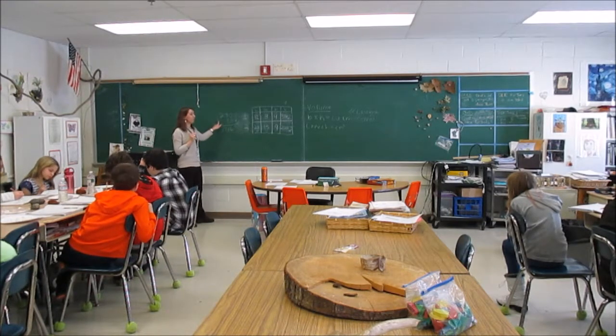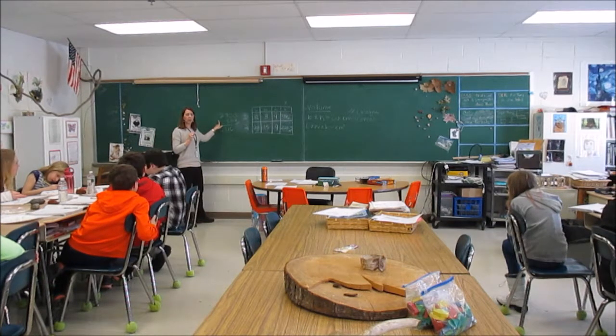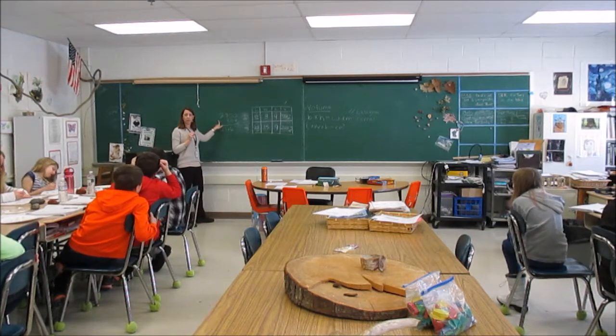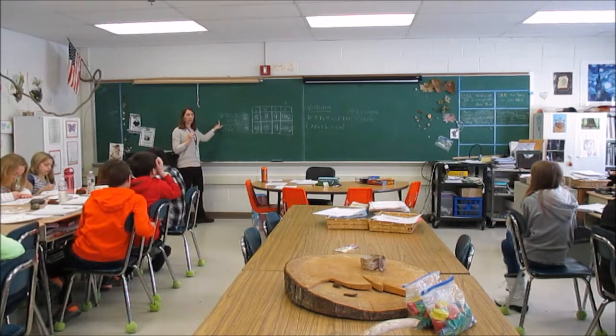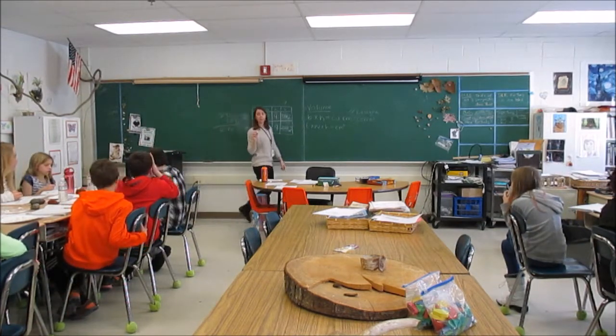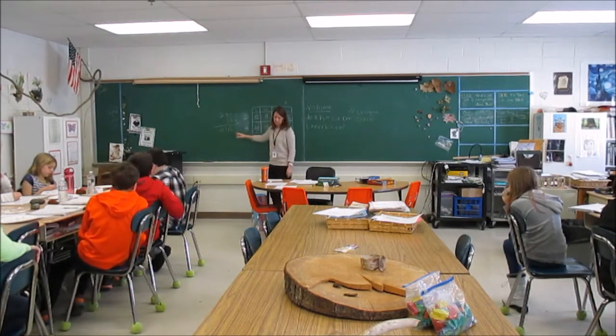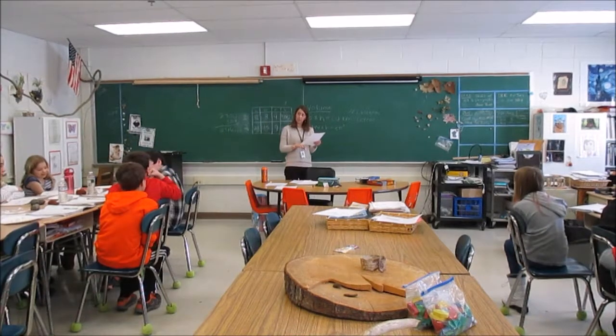Does anyone want to see us do the math, the borrowing? Or are you comfortable with that? Did anybody do the counting up method? No? You just did straight trade first? Yes? Okay. So our answer is 2,316.